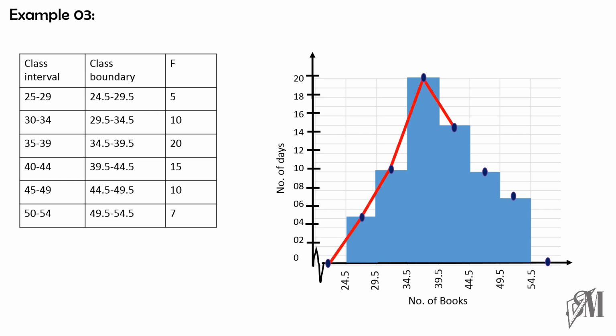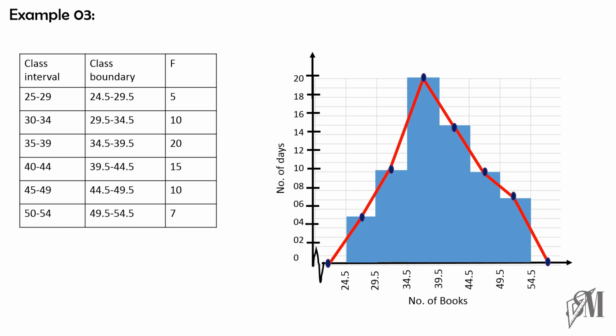So the figure you get after joining the midpoints is called the frequency polygon. This is very simple. All you have to do is to mark the midpoints of each class interval and join them. And when it comes to the class intervals on either side of the histogram, you have to mark half of them and join the polygon like this.